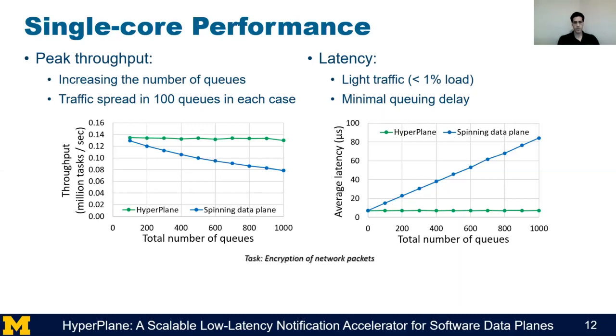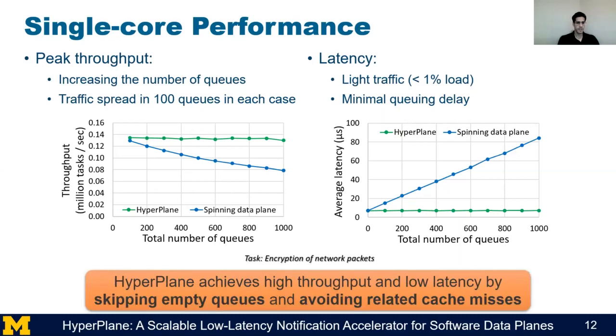But HyperPlane avoids the additional latency of checking empty queues, and it quickly finds the work once it arrives, regardless of the total number of queues. So to sum up, HyperPlane achieves high performance even at very large queue counts because it does not check empty queues and avoids related cache misses.